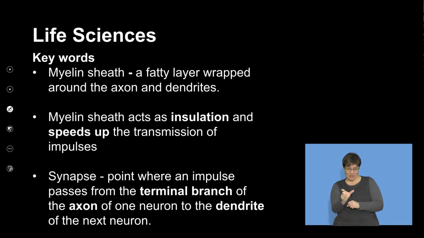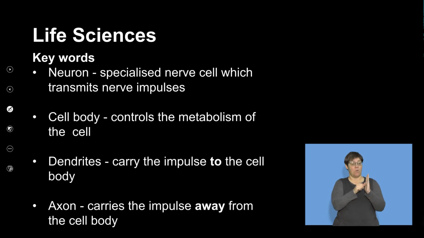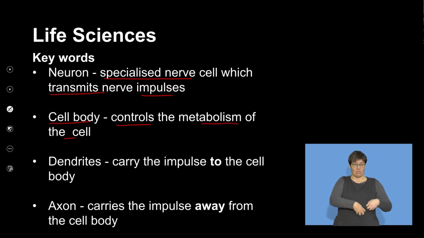So we've got other keywords there, myelin sheath. We talked about that when we started. It's just a layer that covers the axon. Keywords here. We've got neuron. That is a specialized nerve cell which transmits the impulse. The cell body controls the metabolism of the cells.